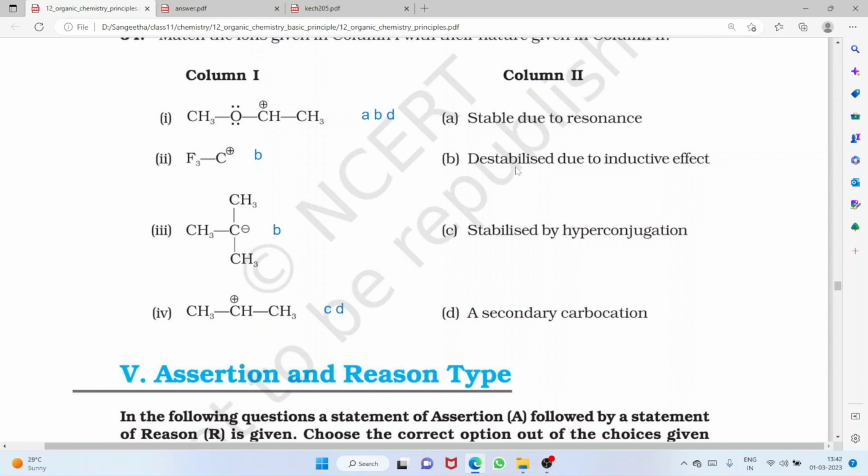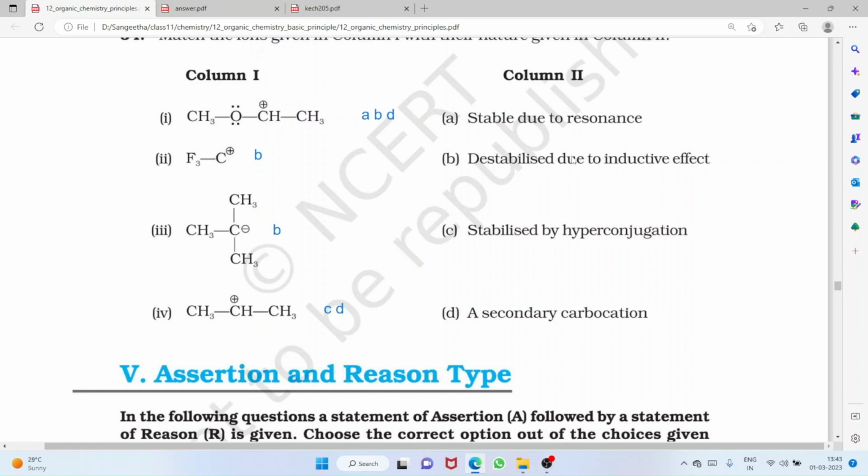B is destabilized due to the inductive effect: the fluorine will pull the electrons, so more positive charge will be formed here.